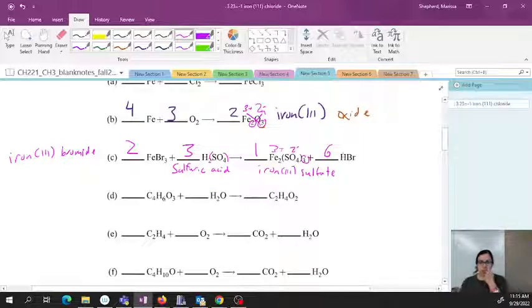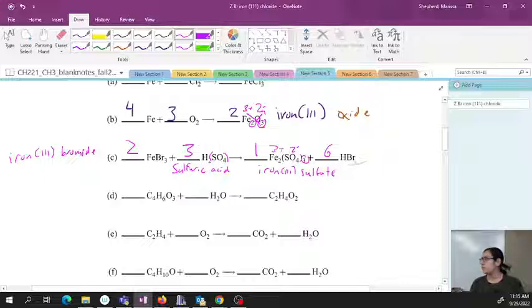And then last one, HBr. Anyone happen to know? It's an acid, so it has a special name. If you know HCl, HBr is the bromine equivalent. I don't know if you knew that or just guessed, but that was exactly it. Hydrobromic acid.